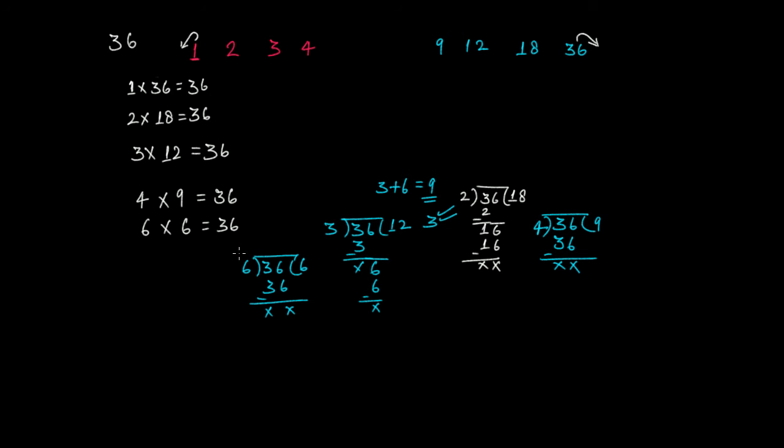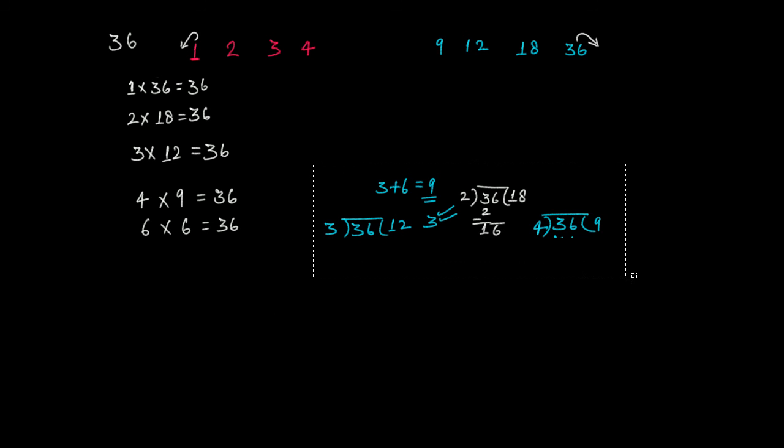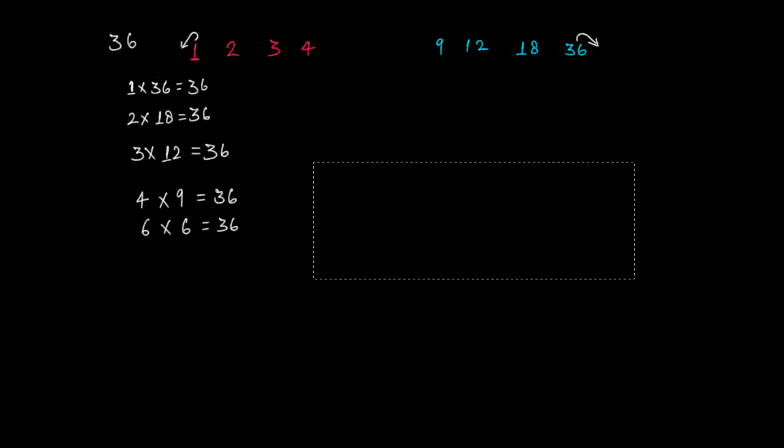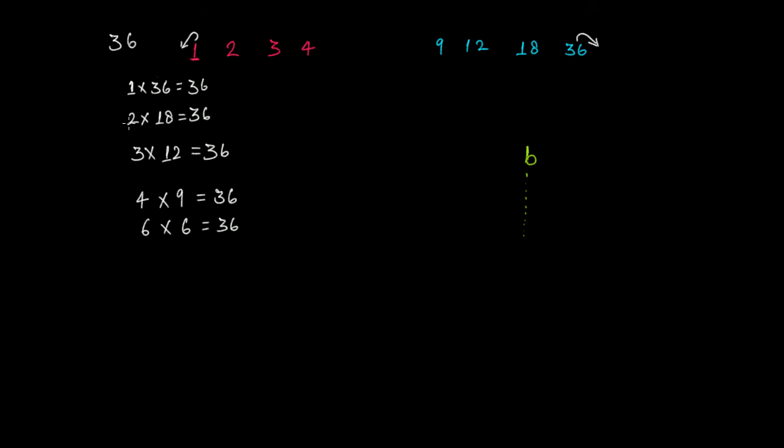Now, whenever you reach such a condition, suppose you were finding all the positive factors of a number b, and you went on finding factors in this way, and you reach a point where you have, say, e times e equal to b.